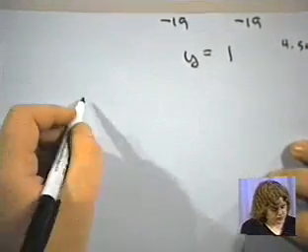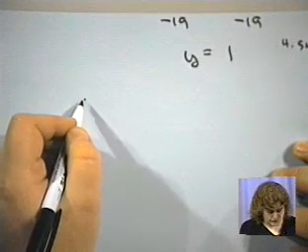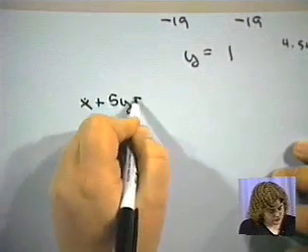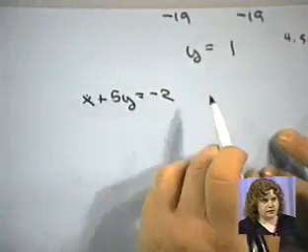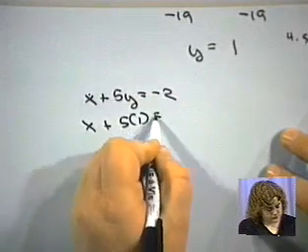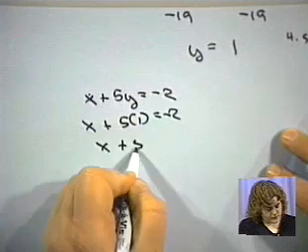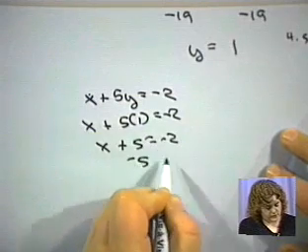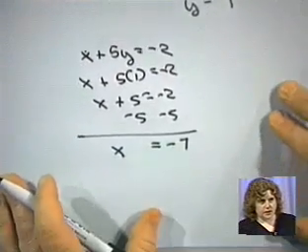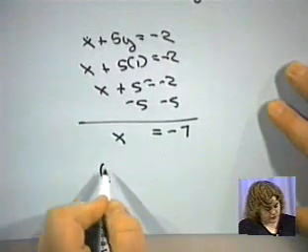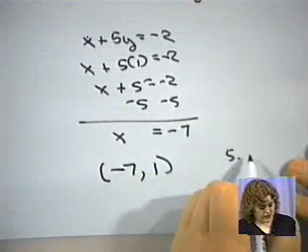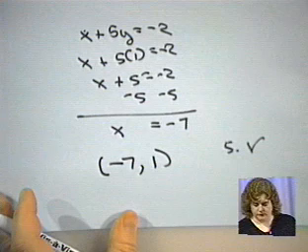Let's just take the x plus 5y, which equals negative 2, and substitute in a 1 for the y. So x plus 5 is equal to negative 2, subtract 5 from each side, and x is equal to negative 7. Again, that means our solution is the ordered pair, negative 7, 1, and of course you're going to check that in the original equations.